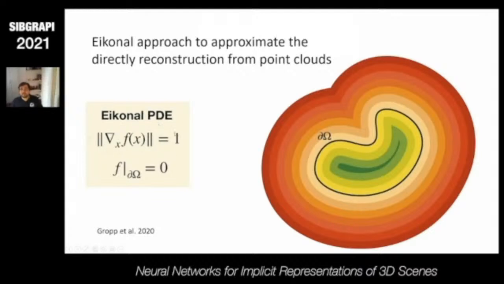It also has boundary conditions that require an unknown function to be 0 on some manifold, just like here in this example, the omega boundary. If the boundary conditions are nice, the solution to this equation is unique, and it is the SDF.